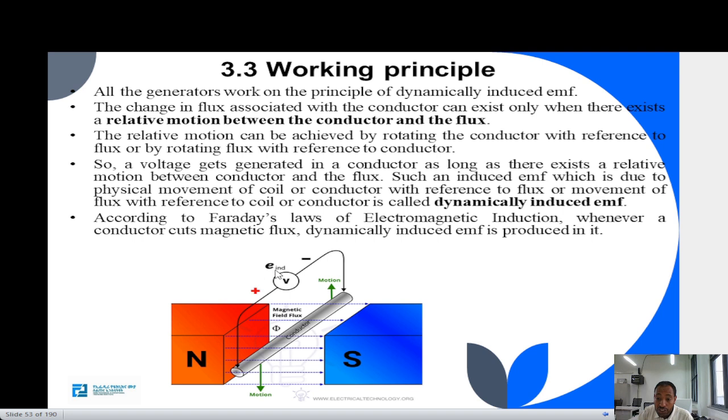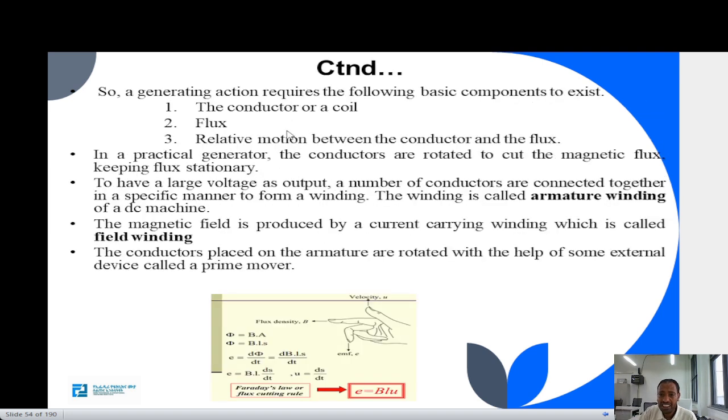We call this induced voltage. The generator action requires the following components: a conductor, a flux, and relative motion between the conductor and the flux. If these are fulfilled, voltage will be induced in the coil. Now, in our practical generator, conductors are made to rotate to cut the magnetic flux, keeping the flux stationary.